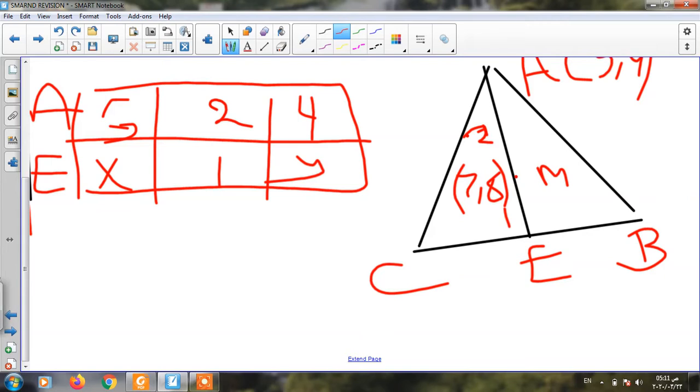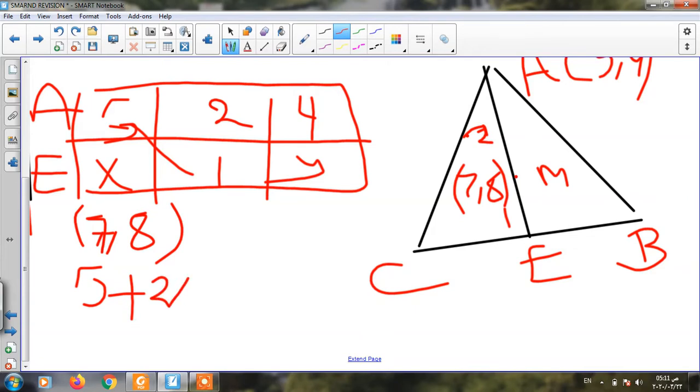If you look here, the point of division is 7 and 8. So I'm not going to find the point of division, I'm going to find E. So 5 times 1 is 5, plus 2 times X, it's 2X, all of this over 3, because 2 plus 1 equals 3.